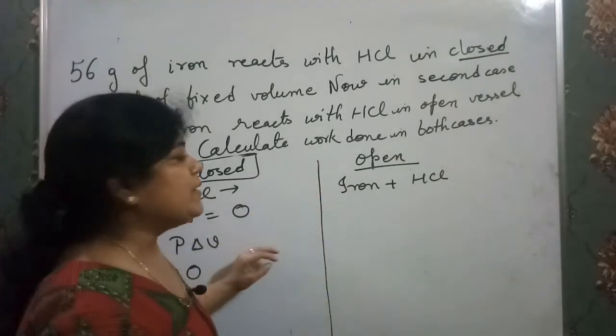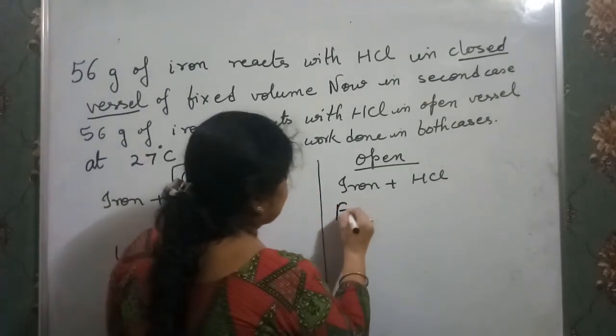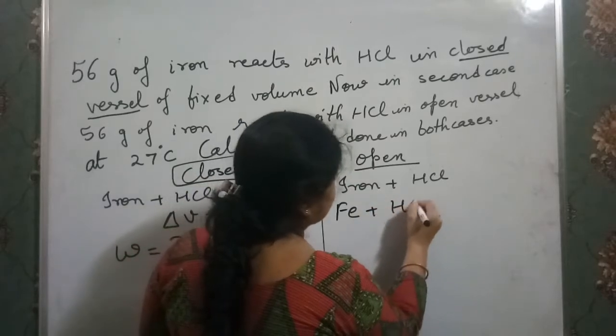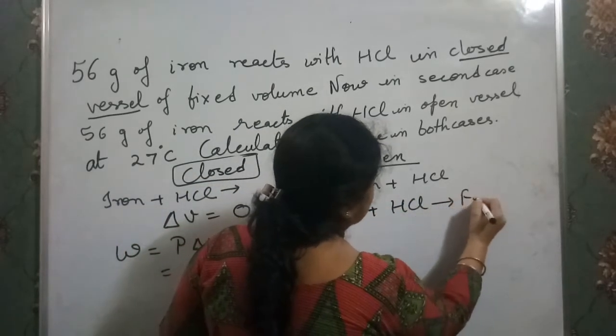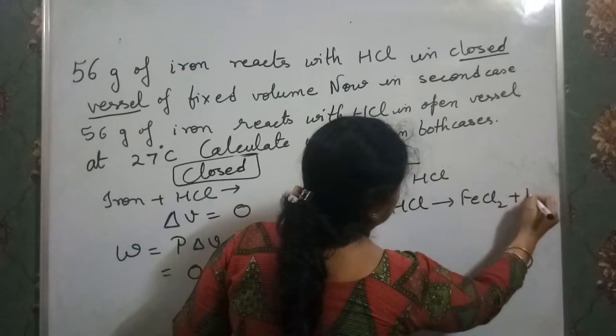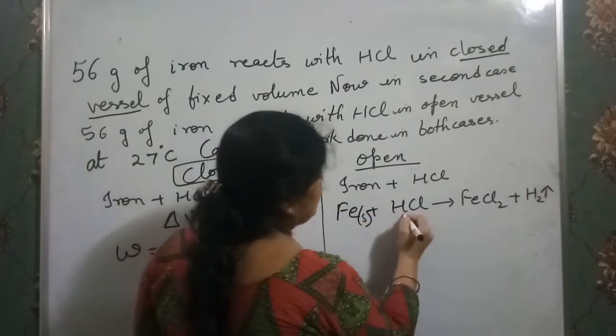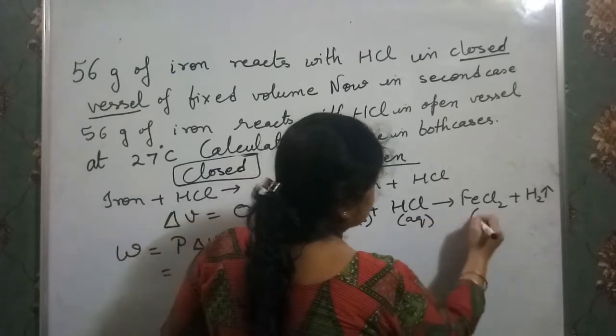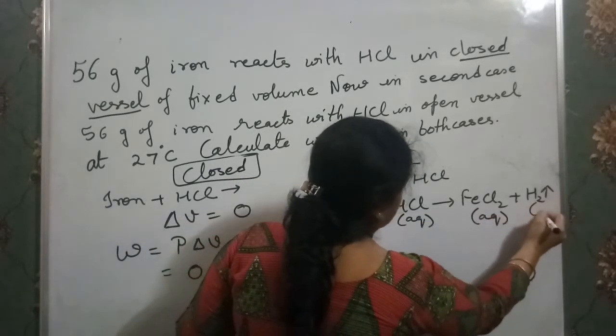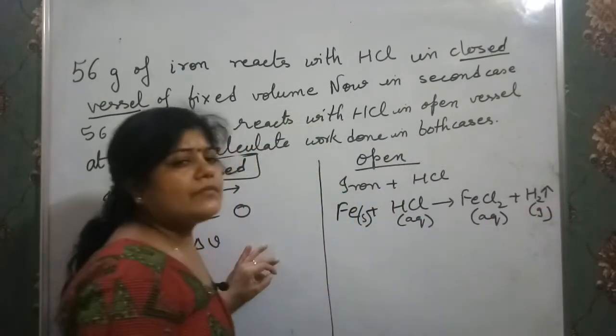Now in case of the open vessel, how does it go? Iron reacts with HCl, it forms FeCl2 plus hydrogen gas. Clear? So iron is solid, FeCl2 is aqueous, the solution formed is also aqueous, and hydrogen is gas.